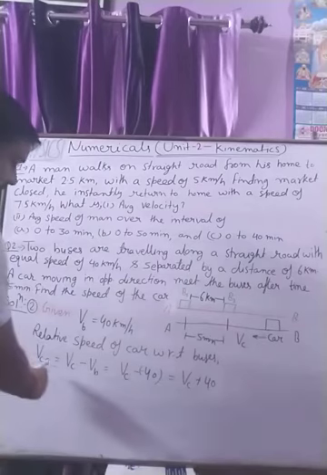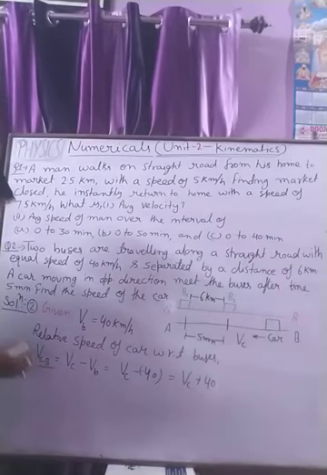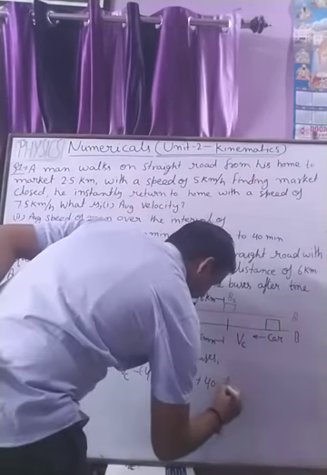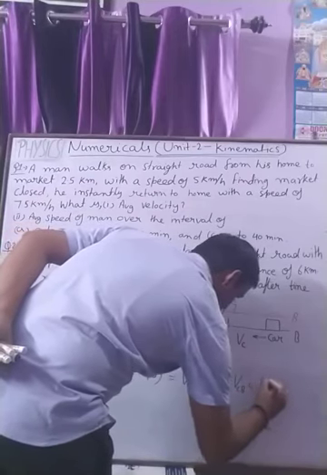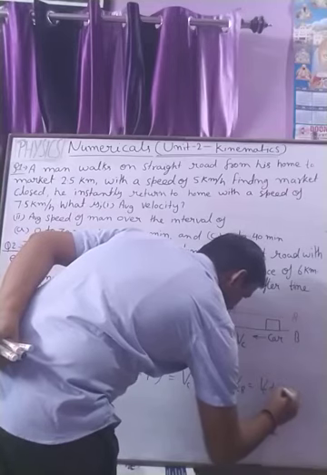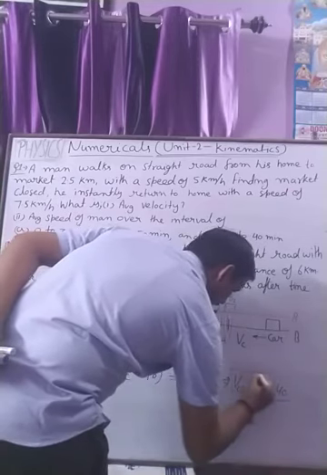This is the relative speed of the car with respect to the bus. VCB is equal to VC plus 40.